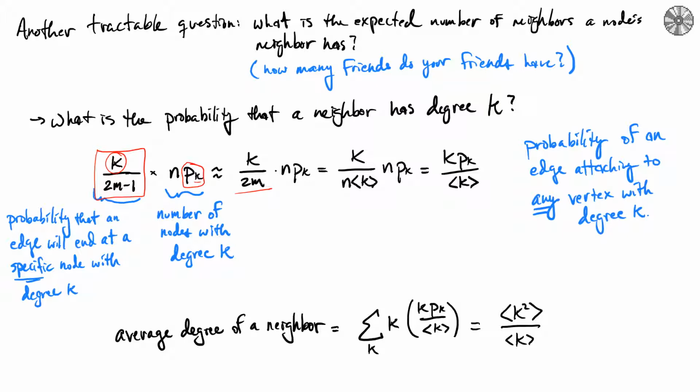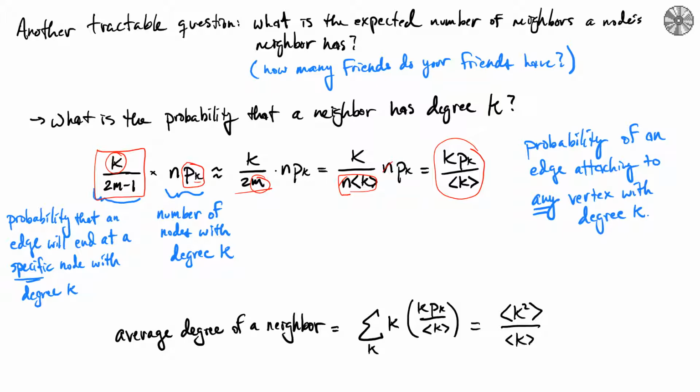And then I'm going to sum that up over neighbors. And so we're going to make the simplification that we did before, substituting in for m, this n times k term. The n's cancel, and we're left with this expression, and that is the probability that a neighbor has degree k.